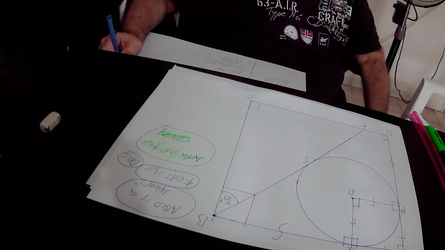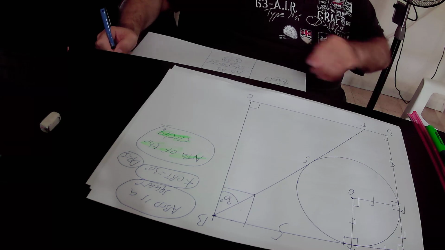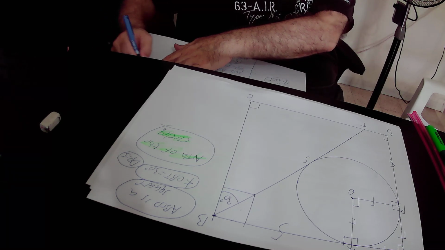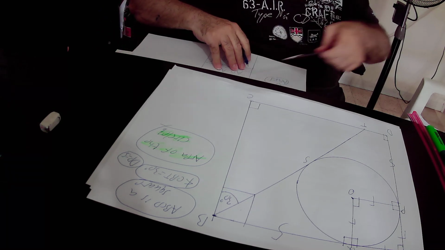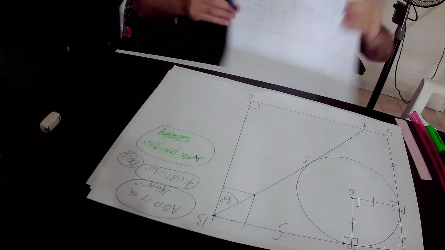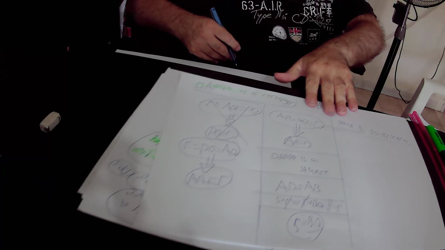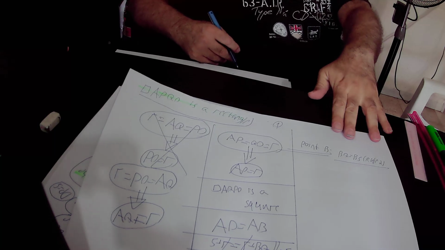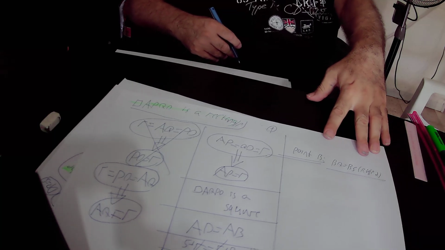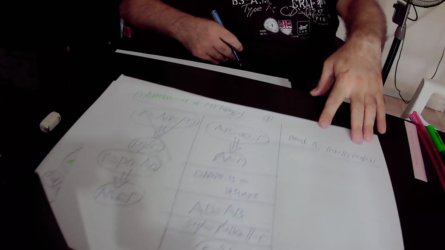And according to rule number 2, they are equal to each other. That is to say, BQ equals BS according to rule number 2.